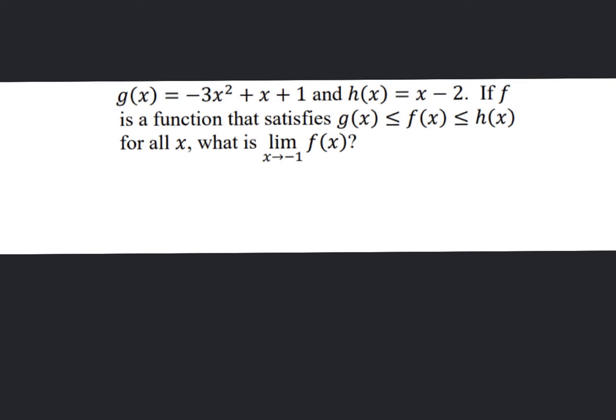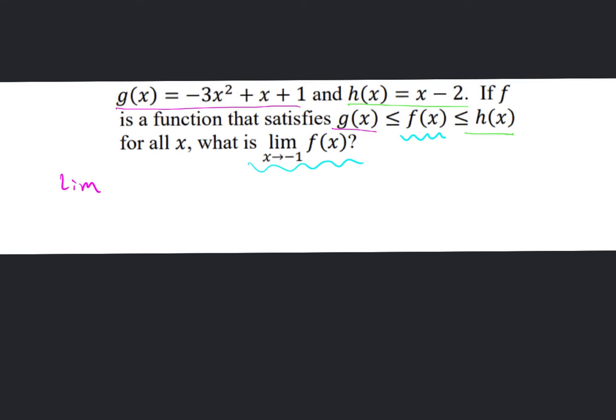Okay, here is the last example. G of x, got this function, and then I have h of x, and what we need to find is the limit as x approaches negative 1 of f of x. So because f of x is sandwiched in between, I'm going to find the limit of g and h.